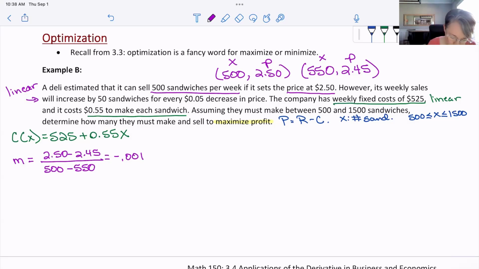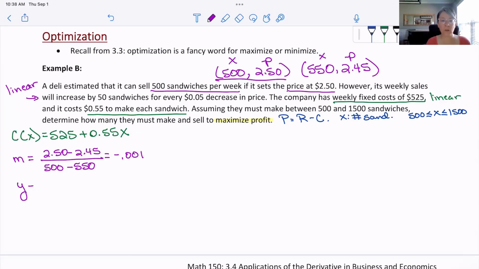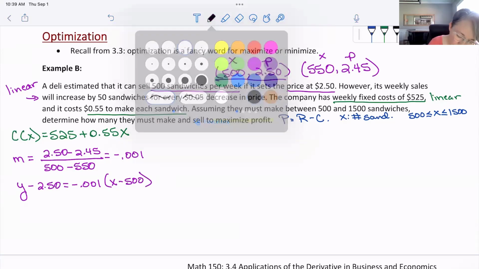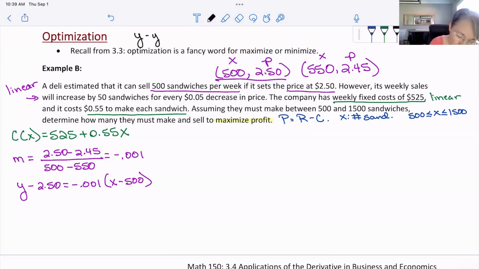I'm going to use the point-slope this time, y minus y1, with the first point. So our y value, or our price value, is $2.50: y minus 2.50 equals negative 0.001 times x minus 500. Again, I am using y minus y1 equals the slope times x minus x1. You can also use y equals mx plus b. You just have to find what that b is.